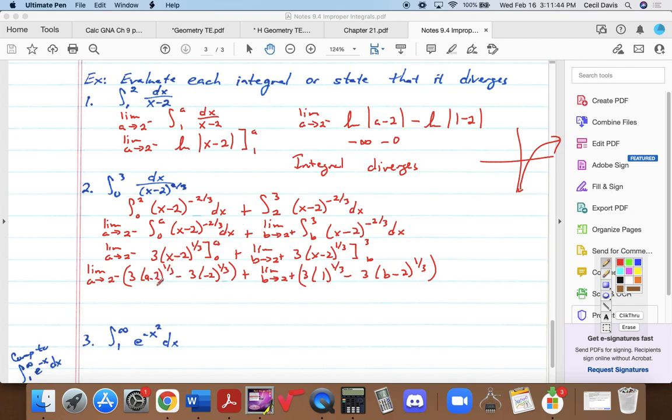So as a gets close to 2 from either side, a minus 2 is going to get close to 0 to the 1/3 power. 0 times 3 is still 0. So this is just going to be negative 3 times negative 2 to the 1/3 plus 3. And as b goes to 2, this is going to go to 0 as well. So it's negative 3 times the cube root of negative 2 plus 3.